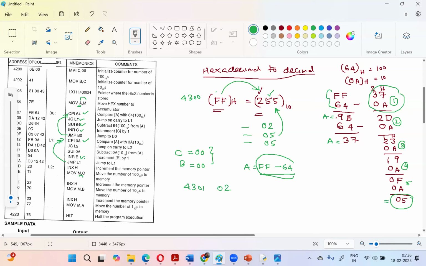Then we increment H, and B is moved to 4302. The B register holds how many 0A there were, so the B register is incremented by 1 each time.